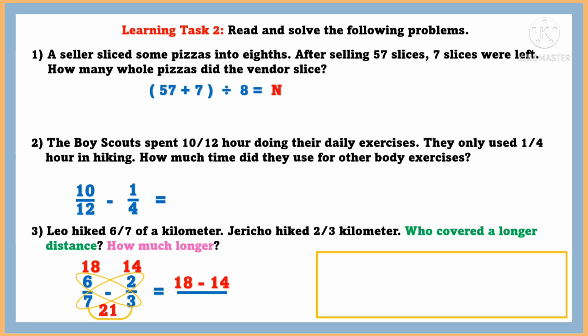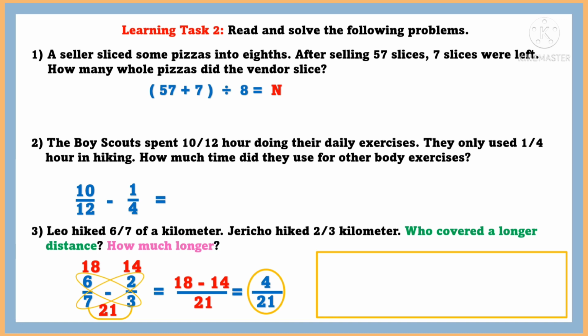Next, i-minus naman natin ang numerator, then copy the denominator. 18 minus 14 is 4. Then, just copy the denominator, which is 21. Now, ang 4/21 ay lowest term na dahil wala nang number na pwedeng makapag-divide sa kanila maliban sa 1.